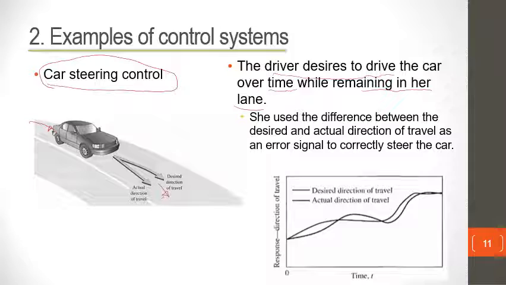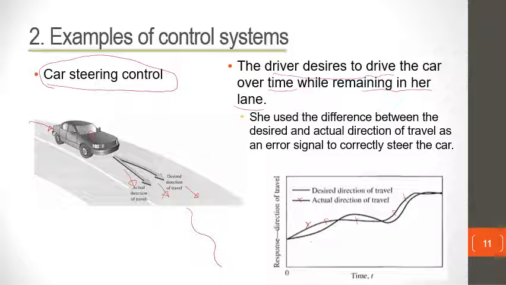So the car would have a desired direction, which is basically to stay around in the middle of the lane, but it may have from time to time, as the driver loses concentration, they may deviate from that, and then the driver would then need to correct that deviation. Or as the road winds round and round, the driver needs to steer it so that the car will remain within the desired lane. So if you look at, for instance, the actual direction that has been traveled, it may be slightly different from the desired direction.